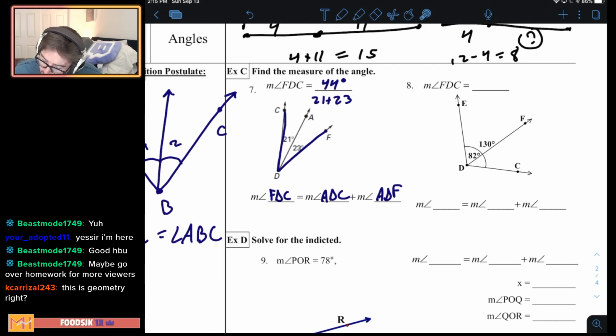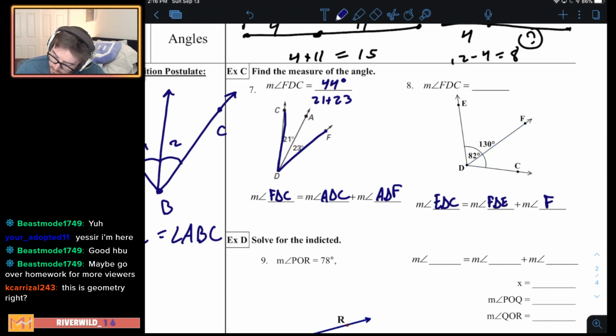Let's fill in the equation again. What we're saying is that the large angle EDC is the sum of the 2 smaller angles, this guy and this guy, put together, which is FDE and FDC.